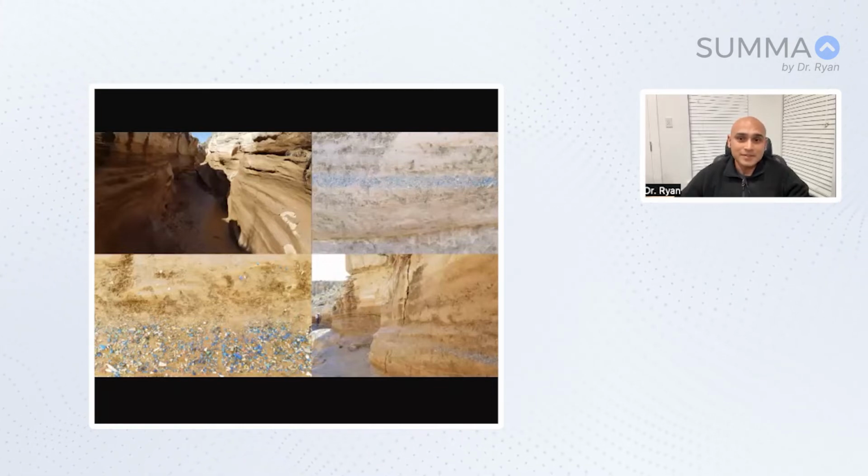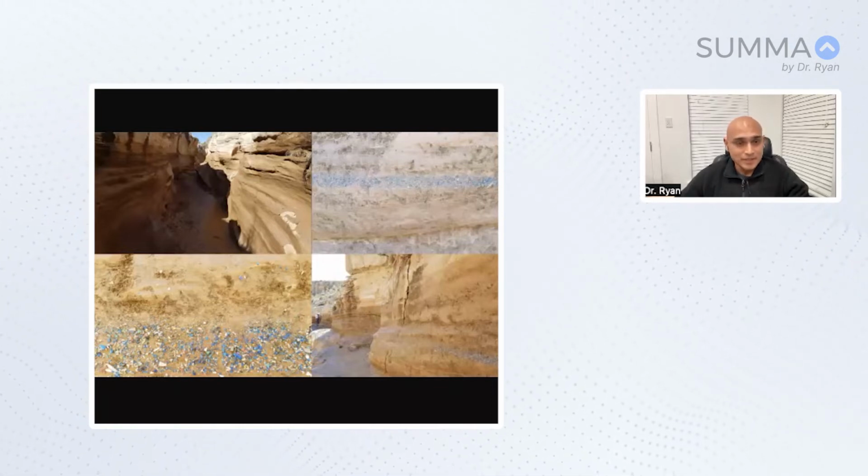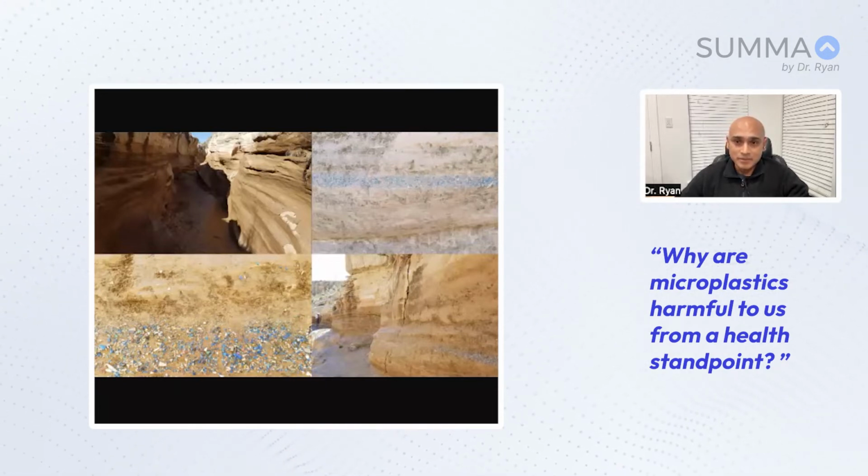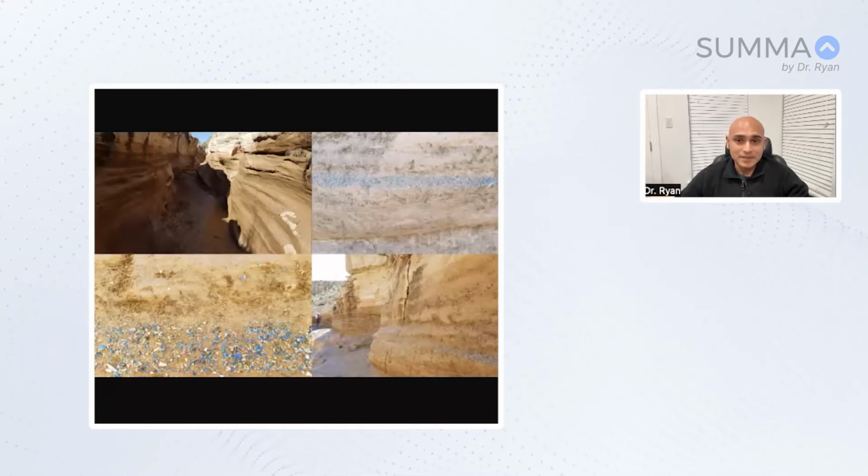All right, well, that's all well and good, but why is it harmful for us from a health standpoint? So we talked about plastics, and to further define microplastics, they really are just small particles of plastics that are broken down over time. Typically, they're between 1 micrometer and 5 millimeters, very, very small, right?